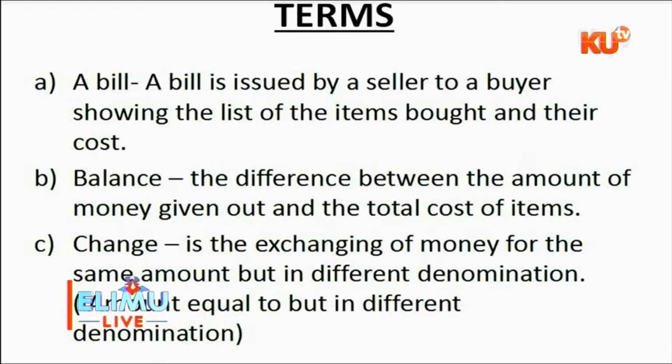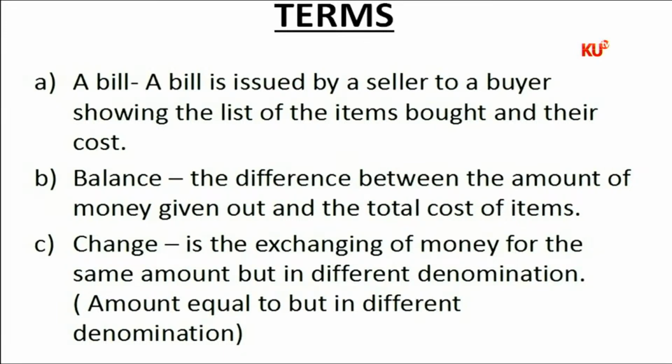Number three, we have what we call change. Change is the exchanging of money for the same amount of money, but in different denominations. So that means it is an amount equal to, but in different denominations. For example, I have a 100 shillings note and I'm given maybe five 20 shillings notes. So that amount is equivalent.